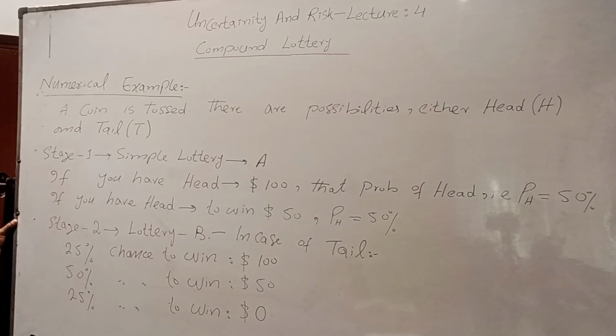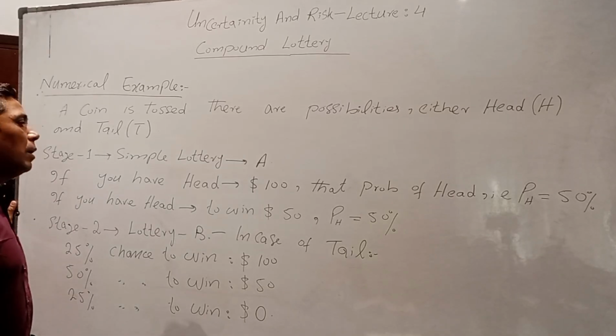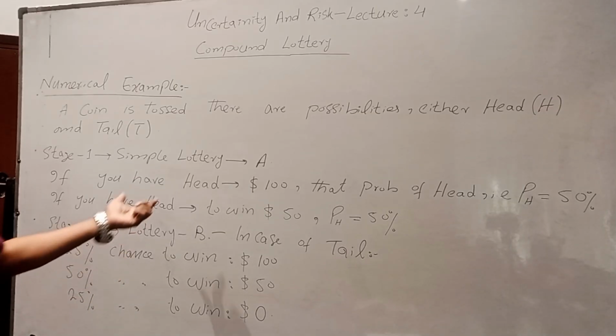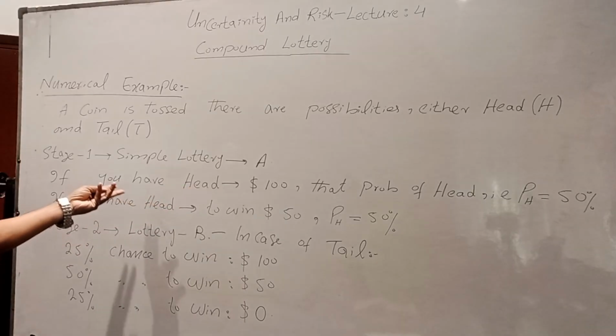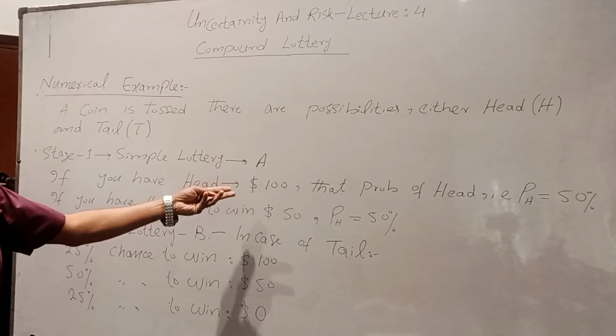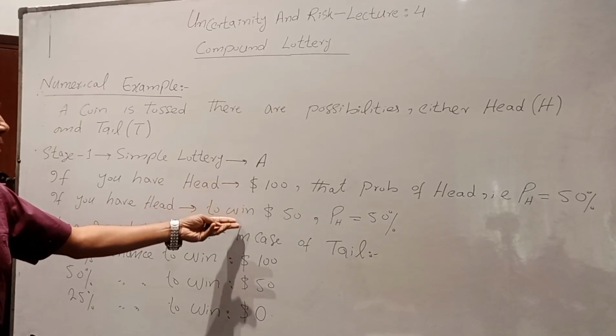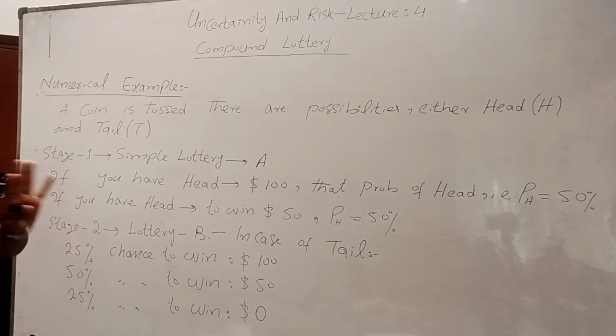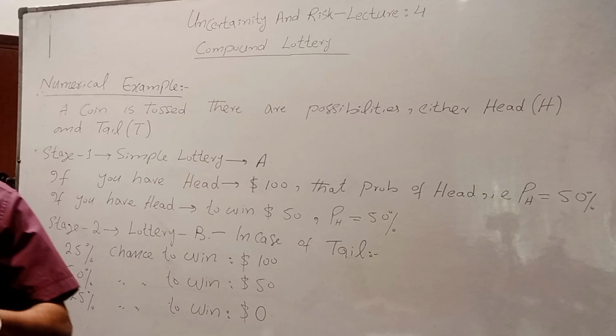So now there are two lotteries. Either you have to decide to play lottery A or lottery B. If you have head, you decide to play lottery A. In that condition, lottery A has two options: a 50% possibility to get $100, or a 50% probability to get $50, in the case of head.